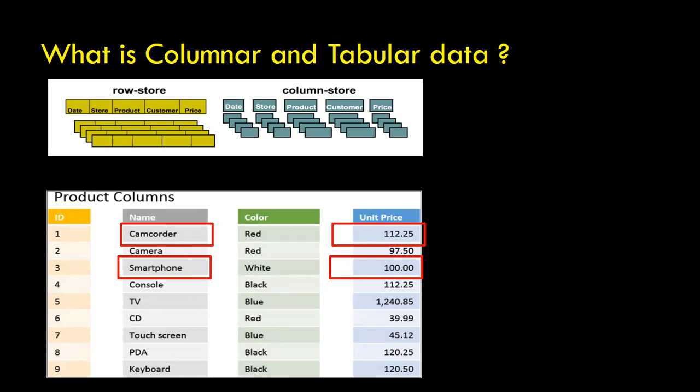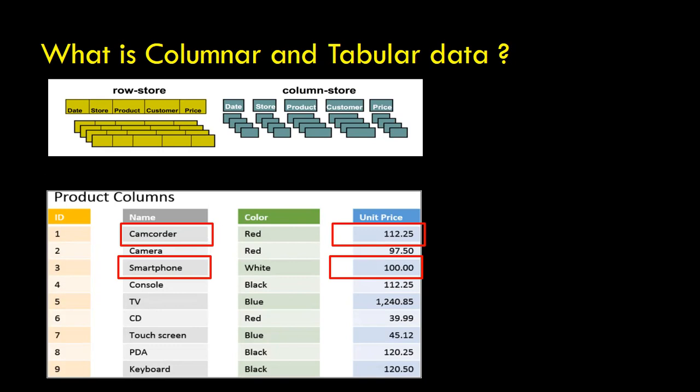Nowadays the volume of data is very, very huge. We are not working with smaller data. We are working with petabytes of data nowadays. So in that case, to optimize the performance, they developed something called a columnar store.